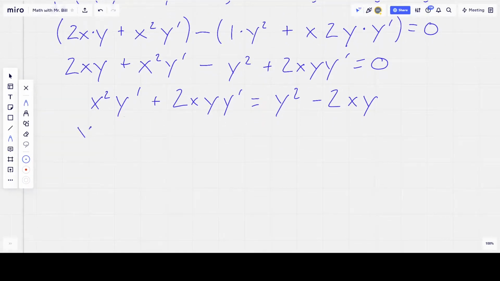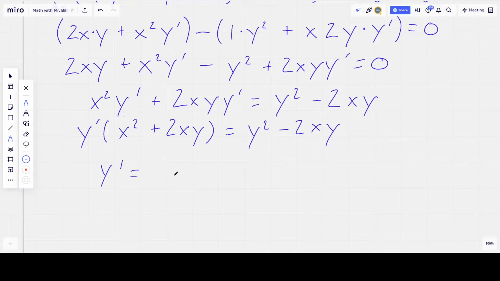We're going to pull the y prime out, and we get x squared plus 2xy in there, and that's equal to y squared minus 2xy. Then we divide both sides by x squared plus 2xy. So y prime is equal to y squared minus 2xy all over x squared plus 2xy.